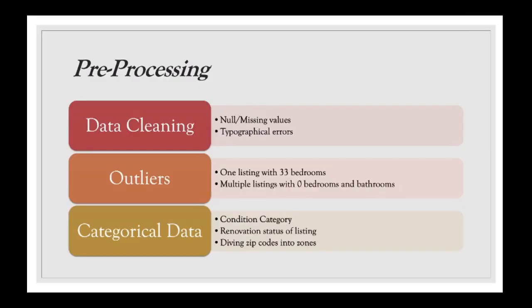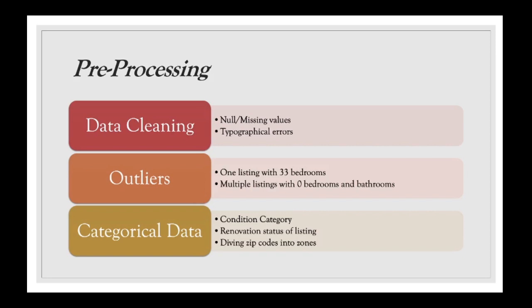Hello, everyone. My name is Sandeep, and I'm going to talk you guys through the pre-processing that we've done for our data set. Firstly, data cleaning. We wanted to see if there were any null or missing values within any of our columns in the data set. Lucky for us, there were not any. Then we moved on to see if there were any typographical errors.